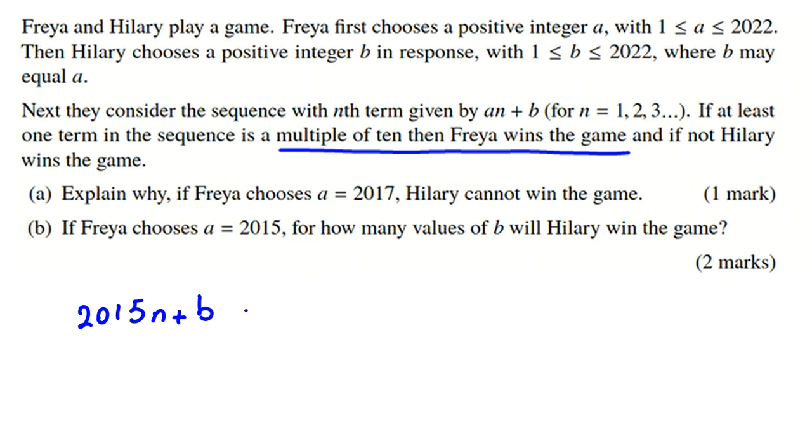I want to see for which b I can find a term that is a multiple of 10. First I want to find for which cases Freya wins; then for the other cases Hillary wins the game.